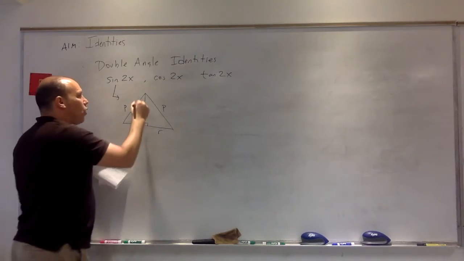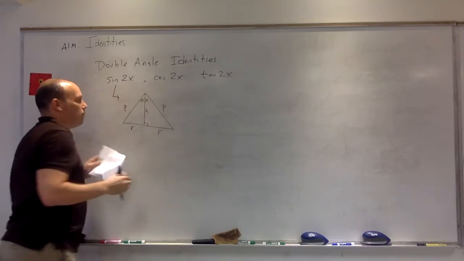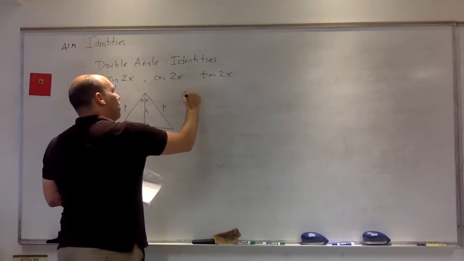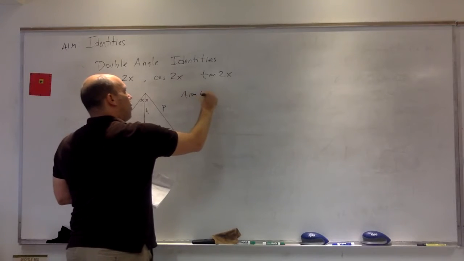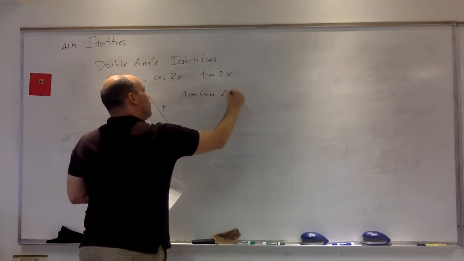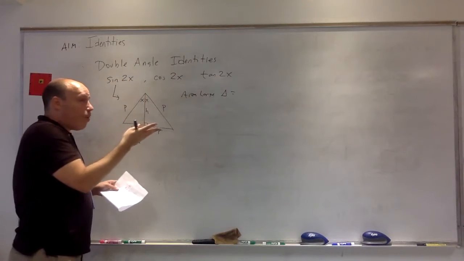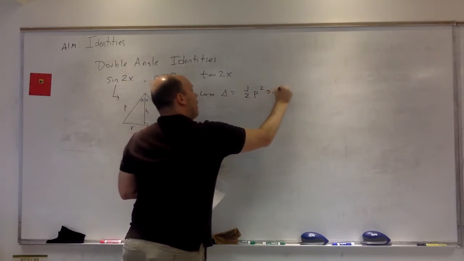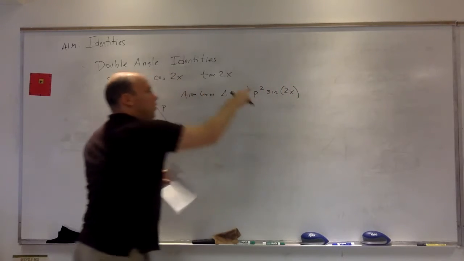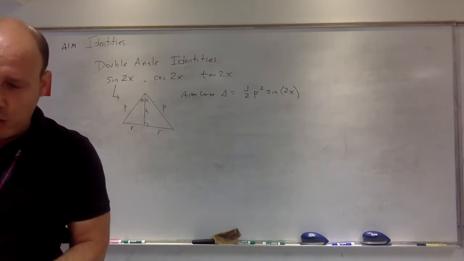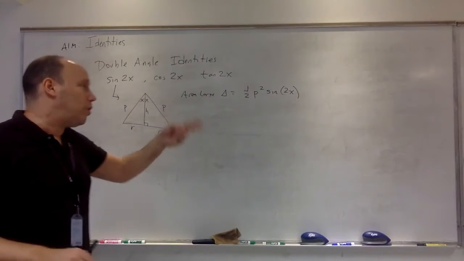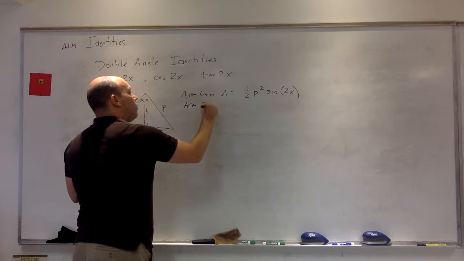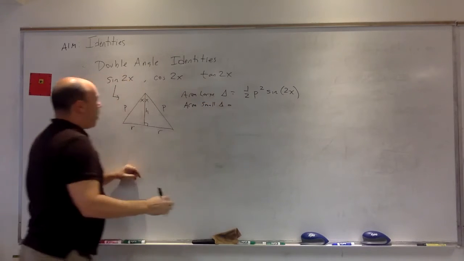So we have, let's see, it's 1/2 ph sine of x, but because there's two of them, okay, good. Now, because the two small triangles make up the big triangle, I can say 1/2 p squared sine of 2x is equal to ph sine of x, right?